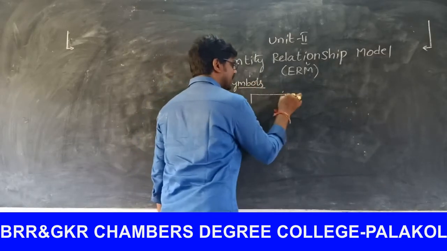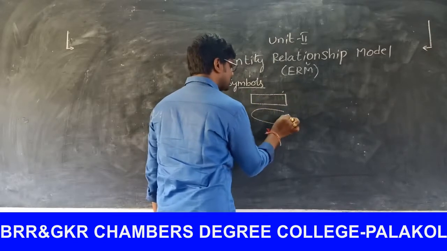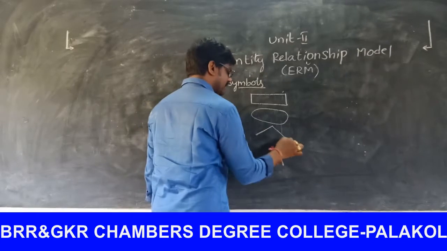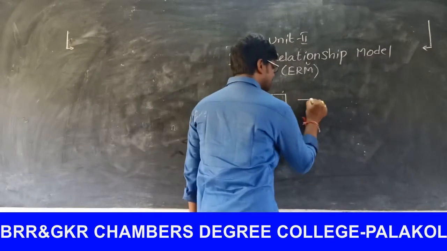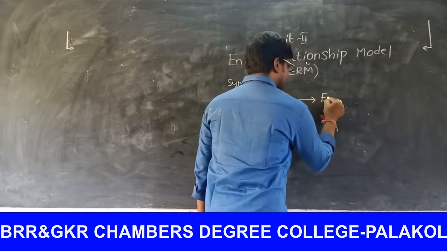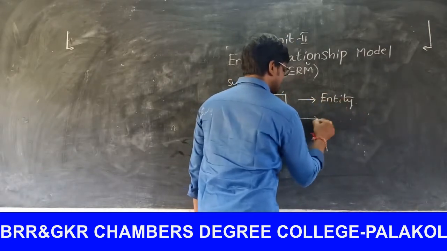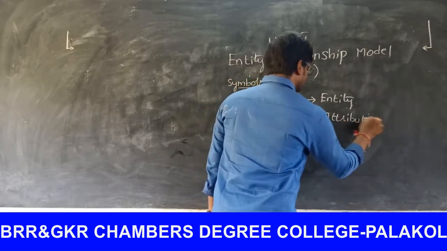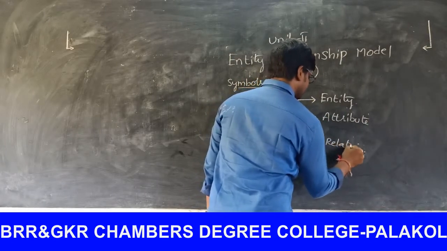One is a rectangle, another is an ellipse, and next is a rhombus or diamond symbol. The rectangle represents the entity, the ellipse represents the attribute, and the diamond represents the relationship.